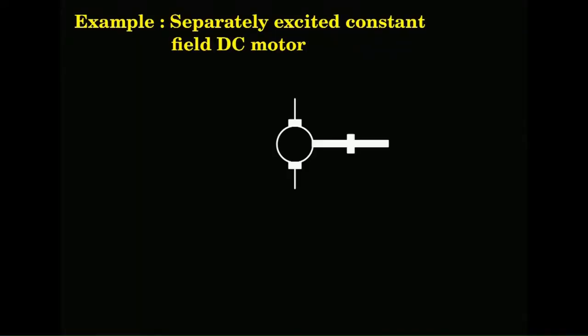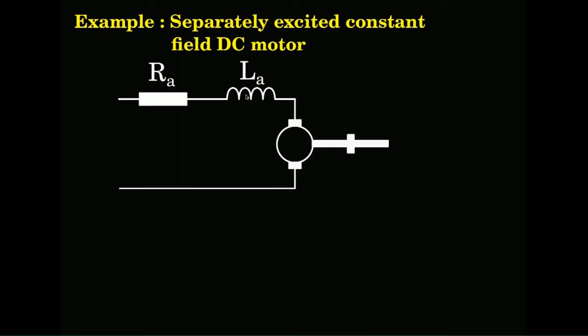We know the physical symbolic configuration. This is the DC motor. We have the brushes, and then you have the shaft, and we have an equivalent armature inductance LA, and you have the equivalent resistance seen in the armature RA.